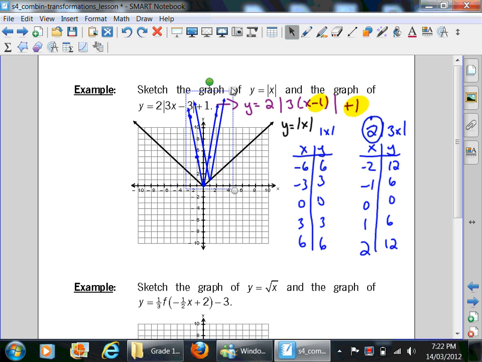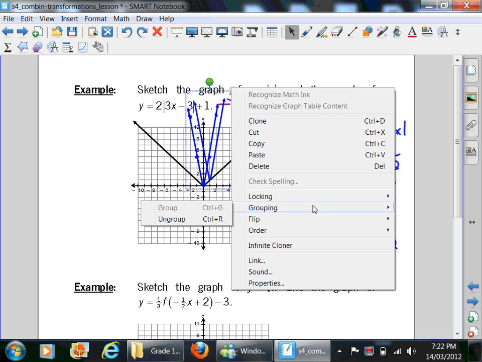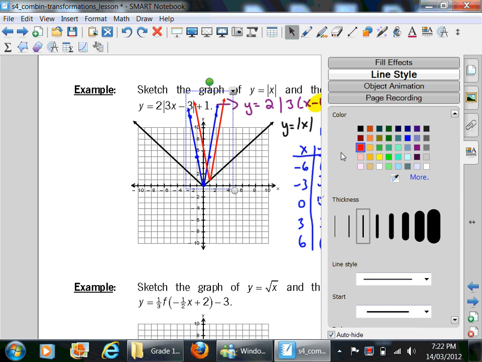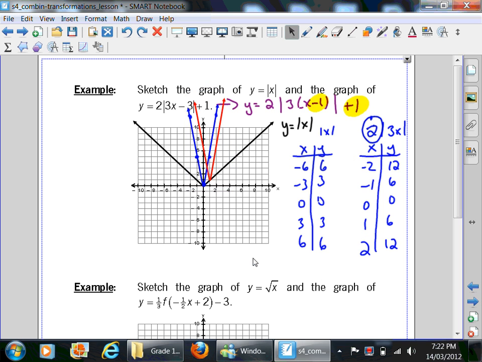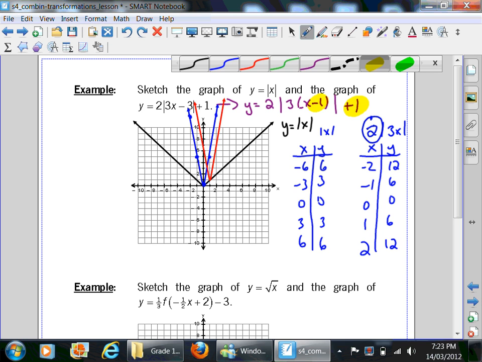And now I'm going to change it to a different color. So, I don't know, call this red. And now I need to go ahead and label my graphs. First I'll label the one in blue. The one in blue is 2 times the absolute value of 3x.